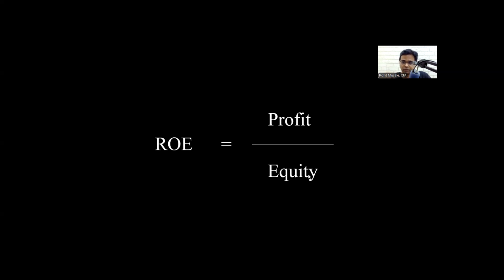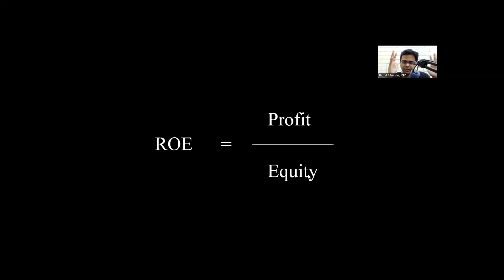Now, there is one problem with this ratio. The problem is the profit is calculated over a certain period. So, for example, the profit is calculated over a 1 year period, but the equity is as on a particular date. Let's say I look at equity today, say $100 million, and the profit is $10 million last year.